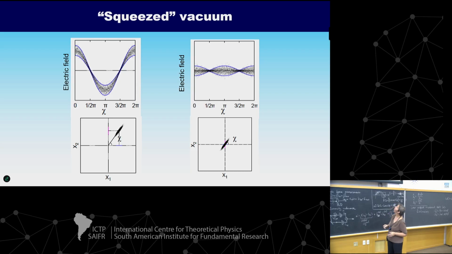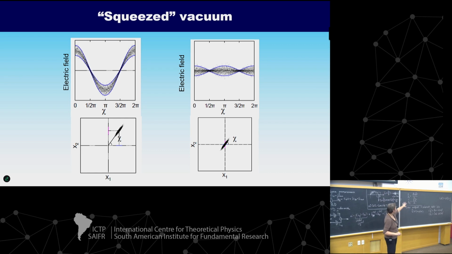What it means is that if you design your measurements so that you're sensitive to the fluctuations of this vacuum, and we'll talk in a second about how you do that, now you can make the two quadratures of this vacuum field different, because remember, we are not specifying that you need to have photons in it. That's called squeezed vacuum.